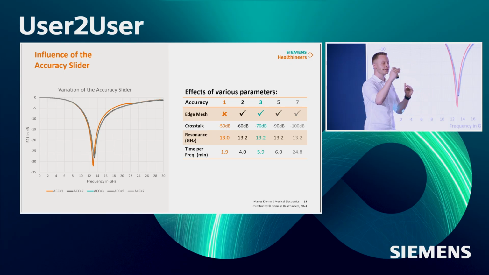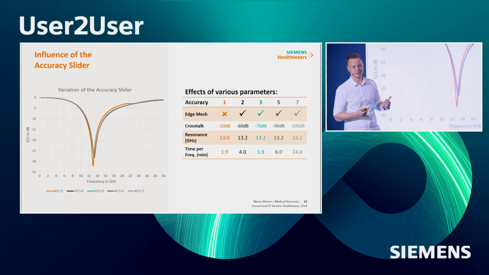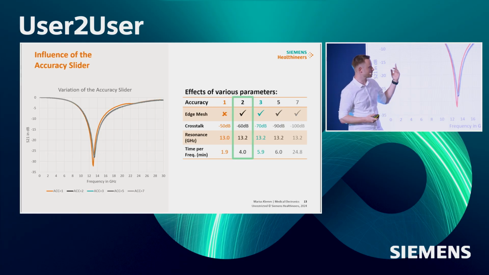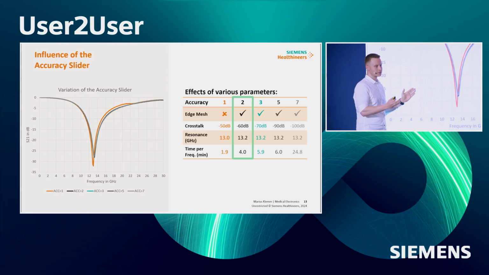Each step further only increases the sensitivity for crosstalk, which in our case wasn't relevant. So my recommendation was going with 2, because what we see in the frequency domain is that accuracy slider number 1 is off from all the others. So edge meshing does have an effect and should be included.